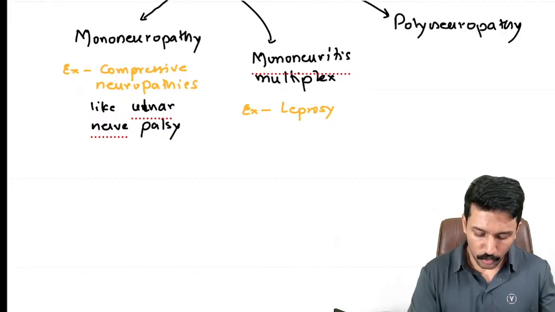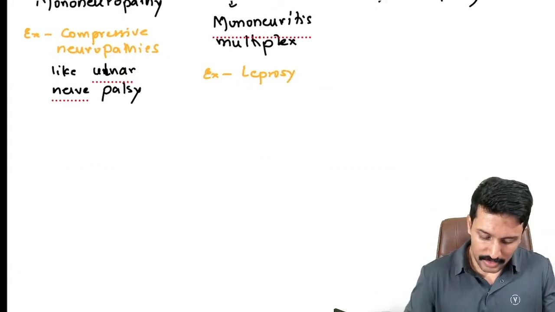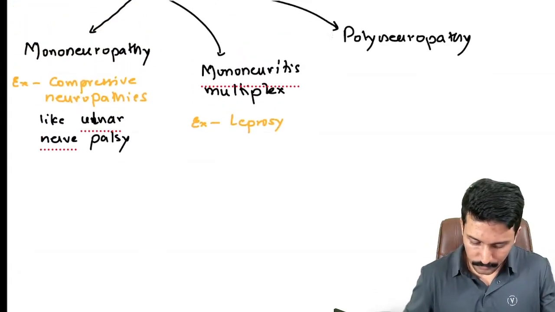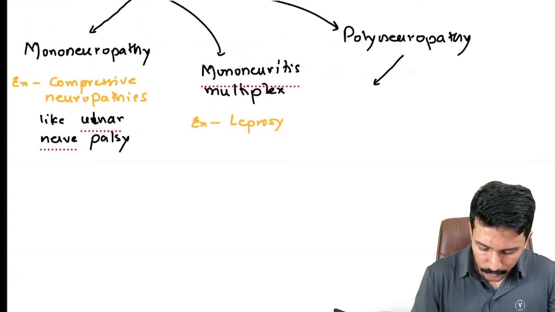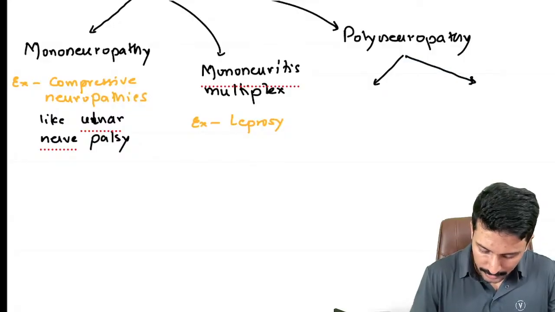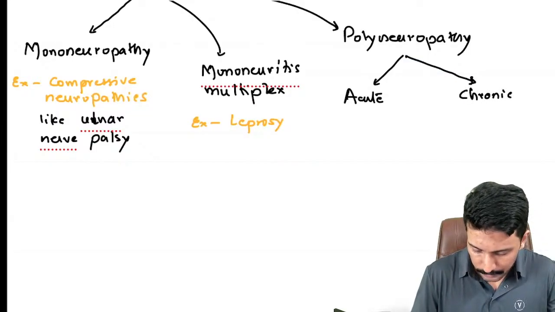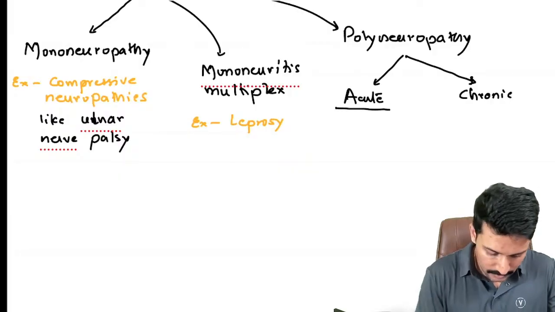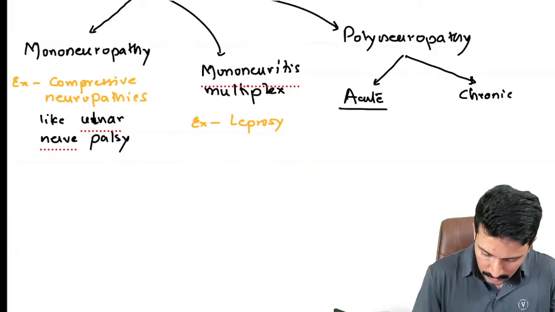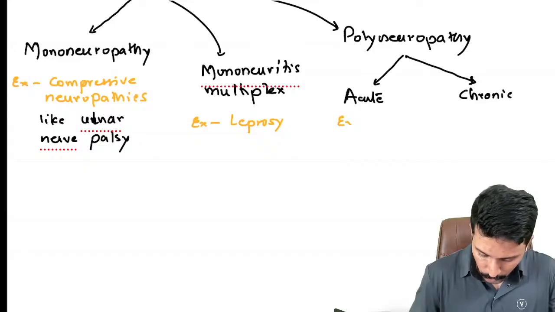Okay. Polyneuropathy, we have acute and chronic. And when it comes to acute, we have only one example to remember. What is that example? The example for acute polyneuropathy is GB syndrome.